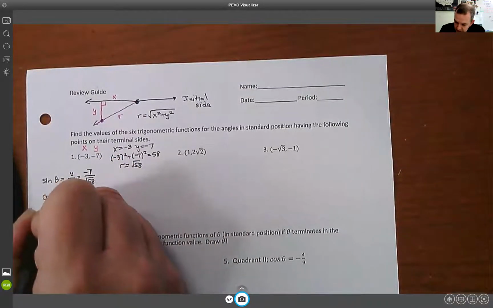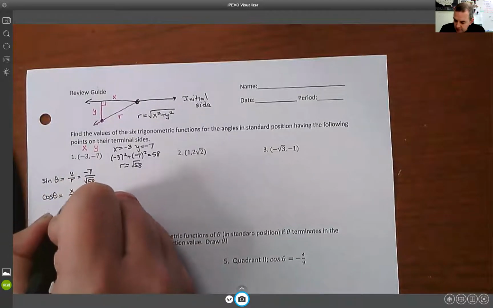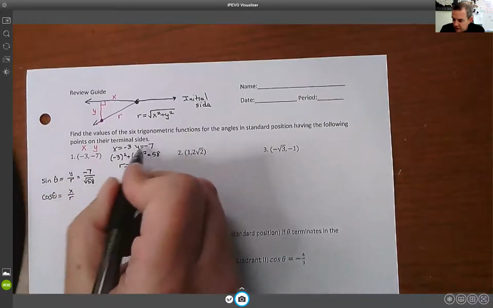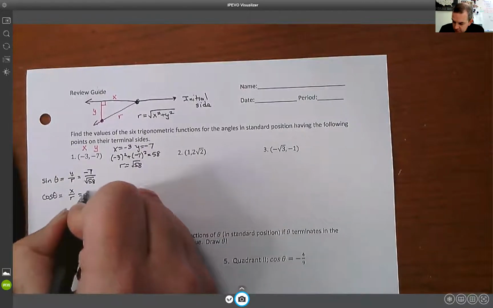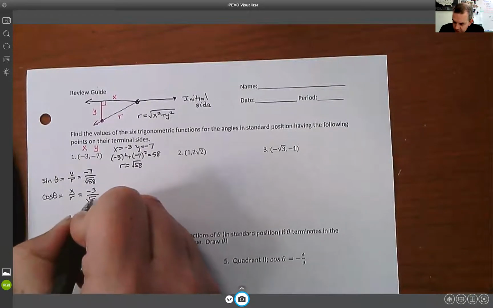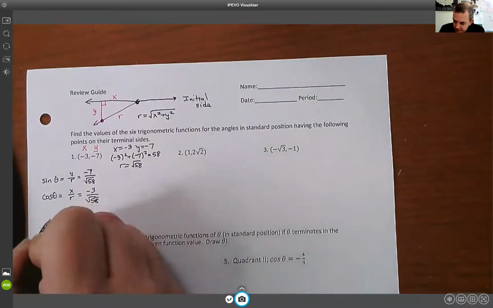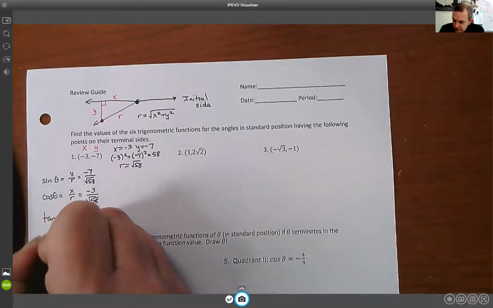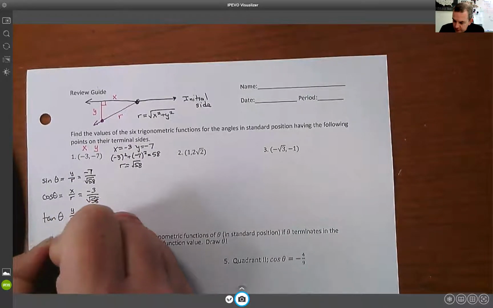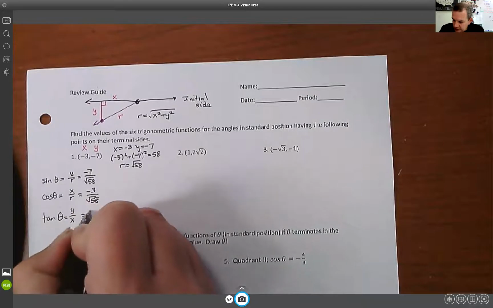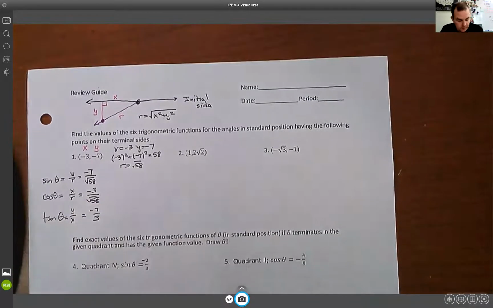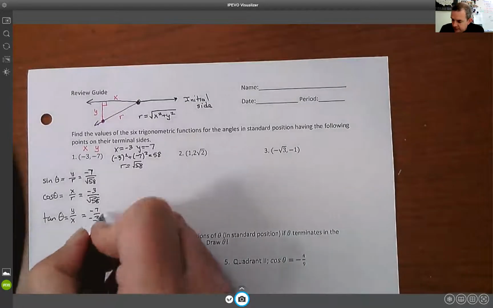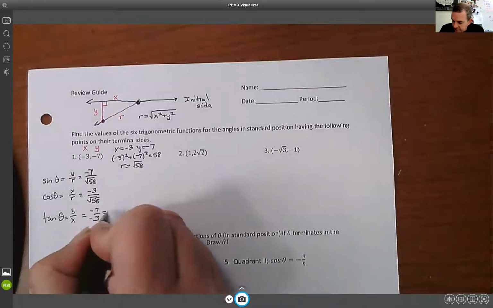Cosine of theta is X over R. And that is going to be, in this case, -3 over the square root of 58. And tangent theta is going to be Y over X. So in that case, it's going to be -7 over -3. And when I simplify that, I'm going to get 7/3.